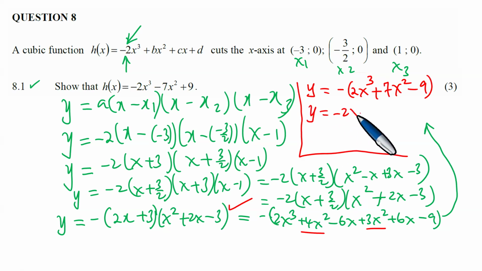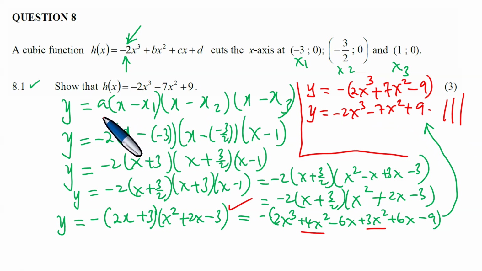So that we have minus 2x cubed minus 7x squared plus 9. So this is the answer. And so this becomes the result, and we're done. So, okay, we check how far are we. The examiner said show that h of x equals minus 2x cubed minus 7x squared plus 9, and it is exactly what we got. It's exactly what we got.